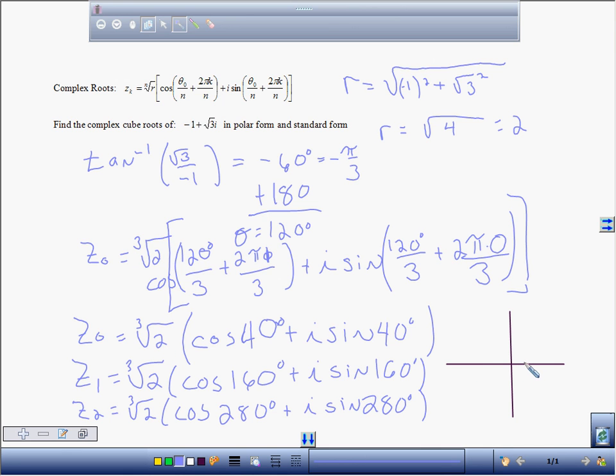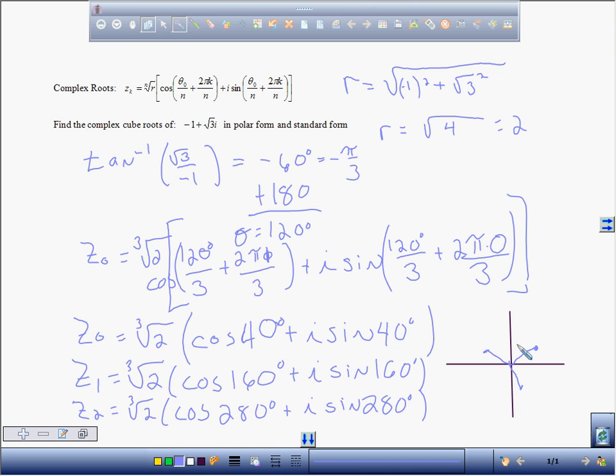So it means go out 1 point something and rotate through an angle in your imaginary plane of 40 degrees. So say that point is right there. And then you take this and rotate through an angle of 160 degrees, which is over here somewhere. And then rotate through an angle of another 120 degrees past here, which puts you at 280, a little bit past 270.